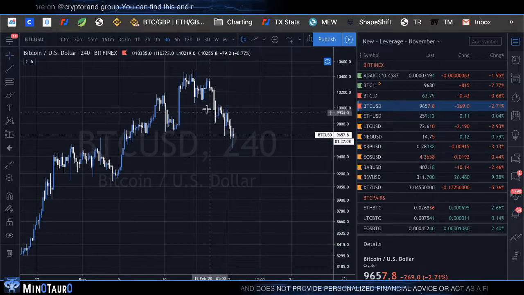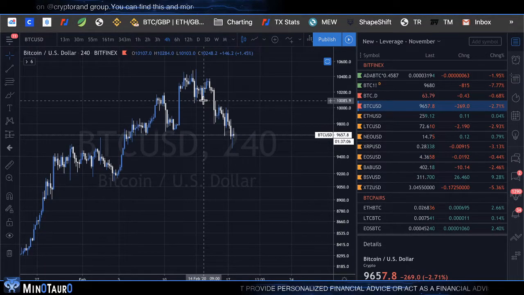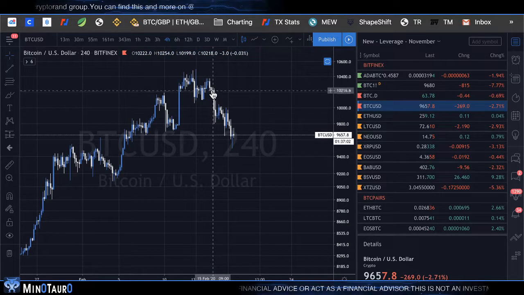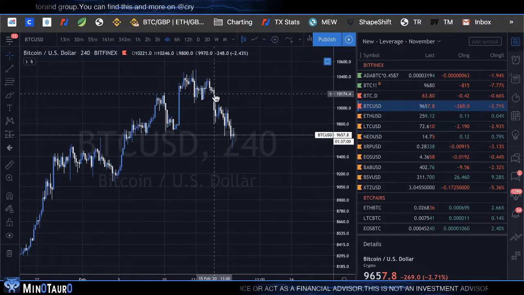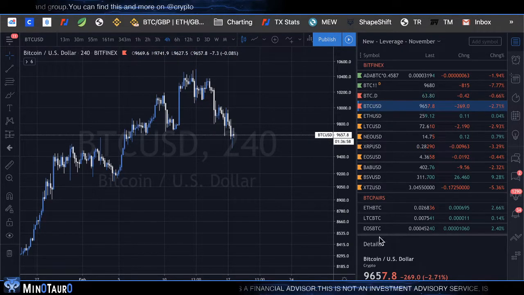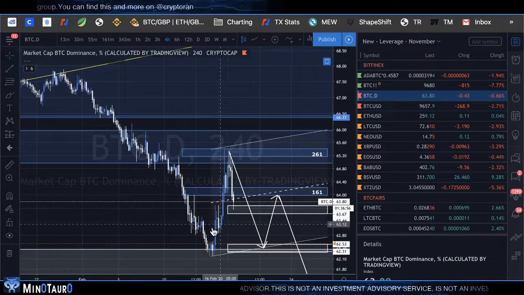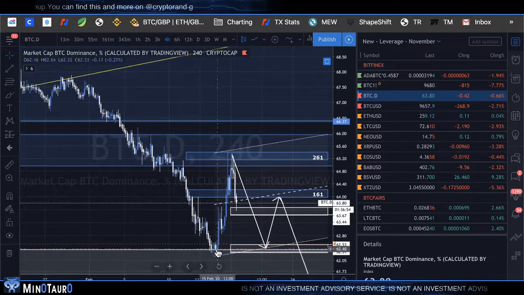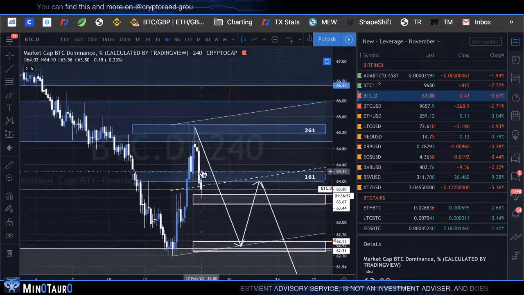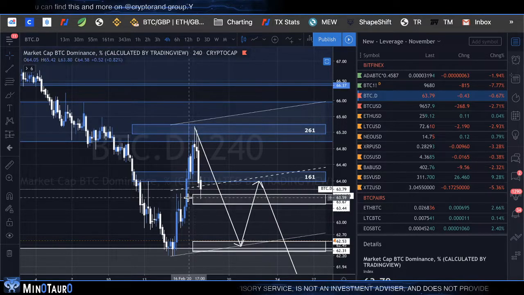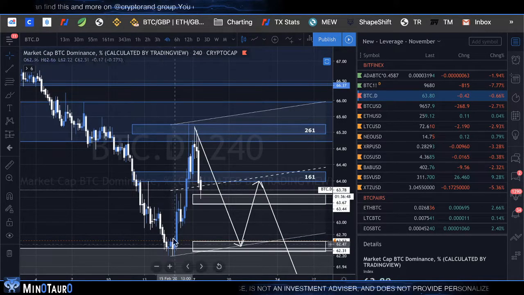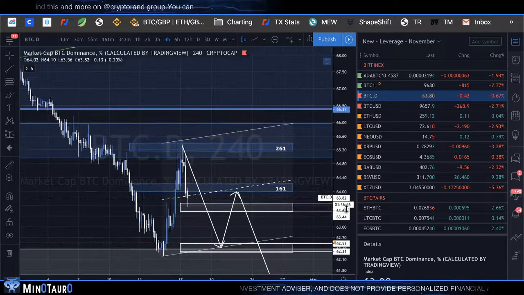Now he's gonna try again. It gained back, dominance crashing, and now dominance is fading. It went 261 of the small divergence we had here.